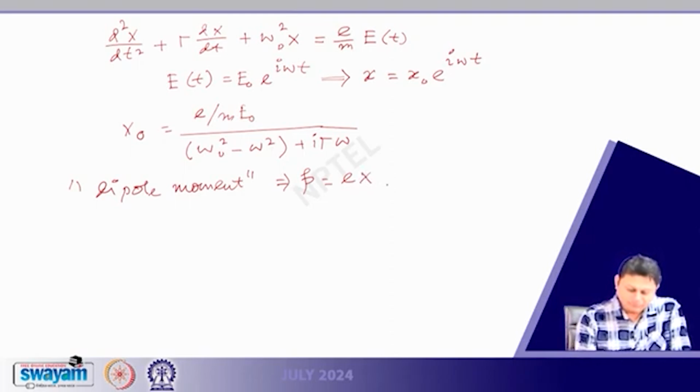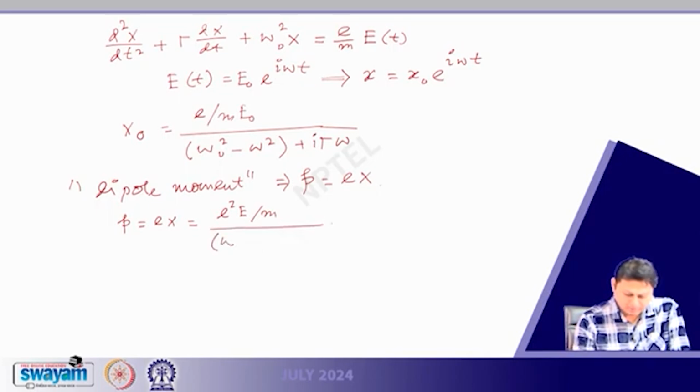So p is equal to e x, which is e squared E divided by m, this expression we have, whole divided by omega0 squared minus omega squared plus i gamma omega.